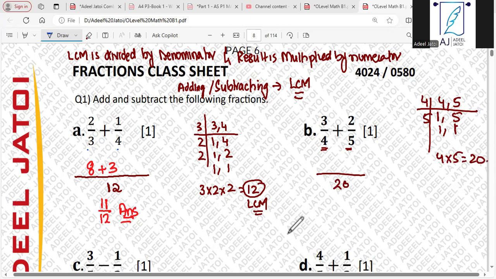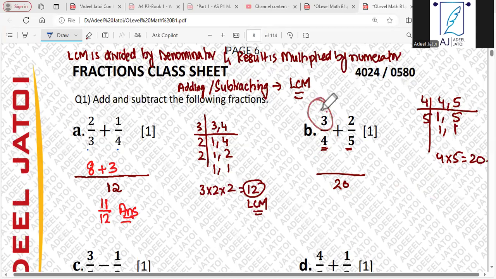This is the LCM. 20 divided by 4 is 5, and this 5 will be multiplied by 3.